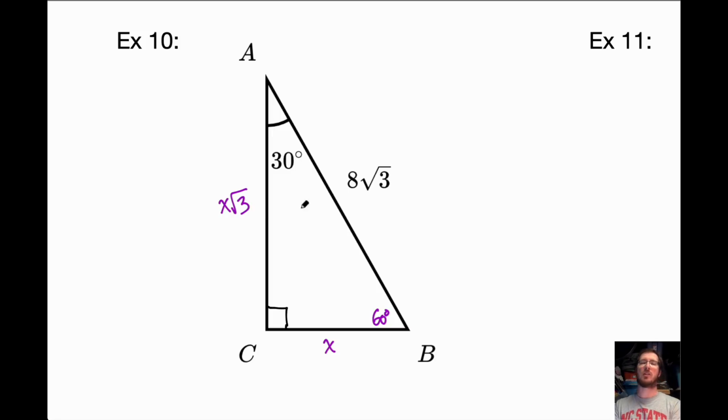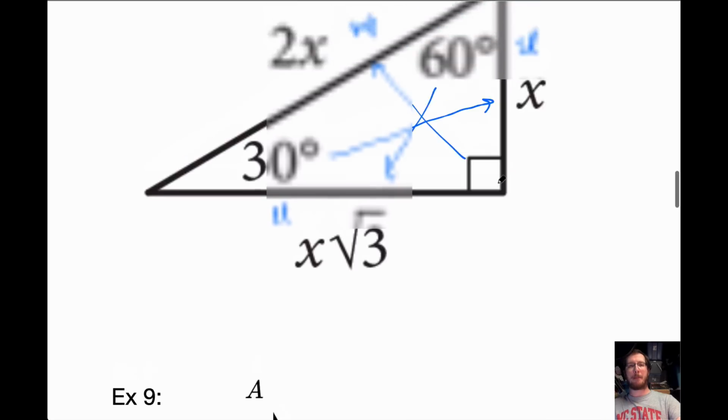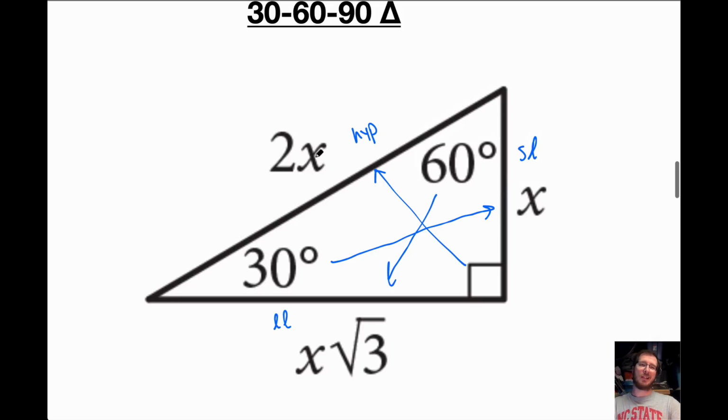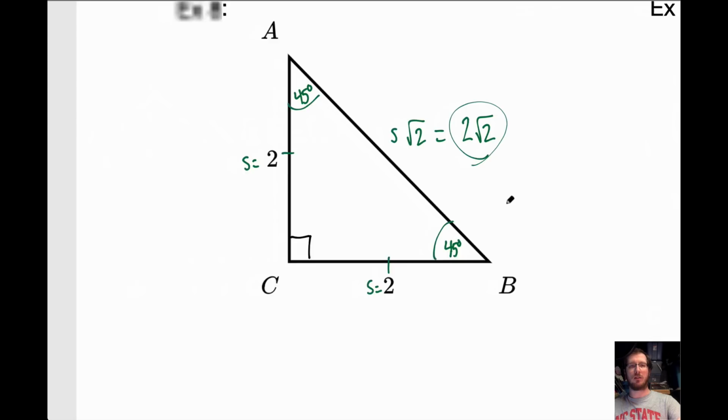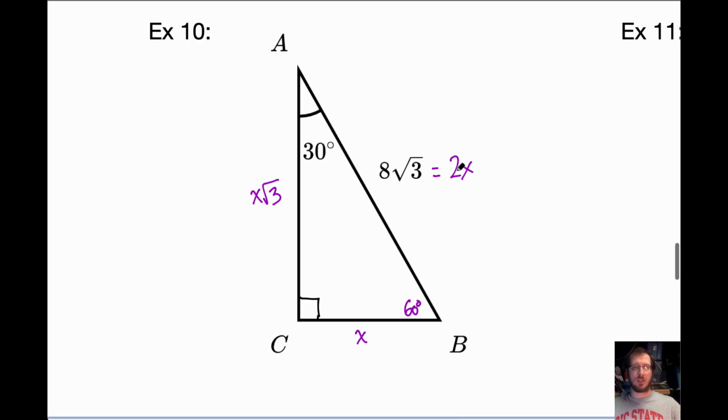Remember the relationships in 30-60-90 right above. We've got our hypotenuse, which according to our diagram here is 2 times that short leg. So we can set that equal to 2x. And then essentially we just want to solve for x and plug it into these two sides.